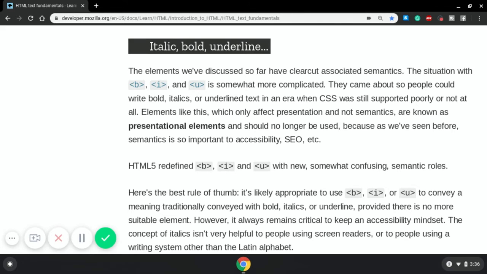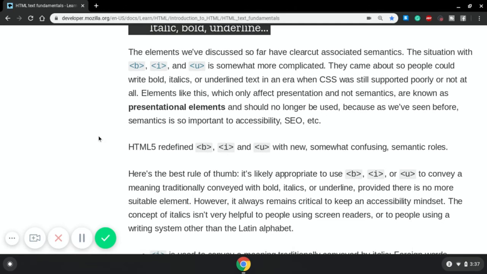Elements like this, which only affect presentation and not semantics, are known as presentational elements and should no longer be used because, as we've seen before, semantics is so important to accessibility, SEO, search engine optimization, etc.